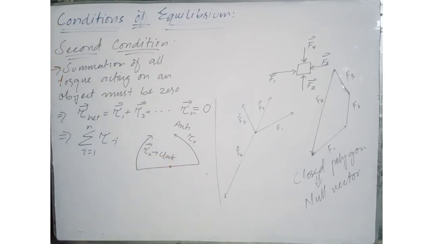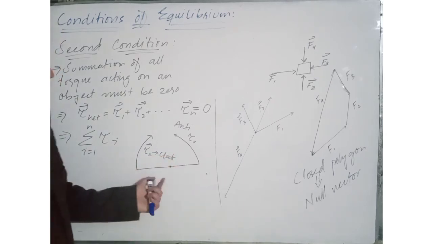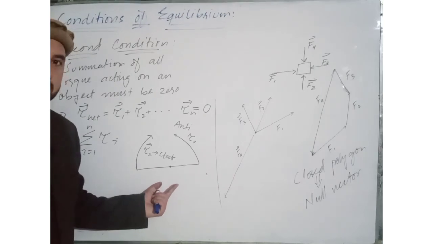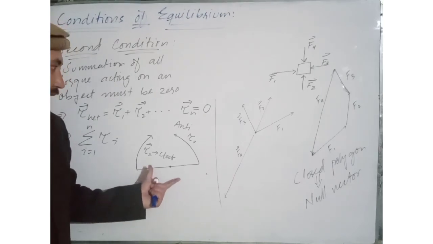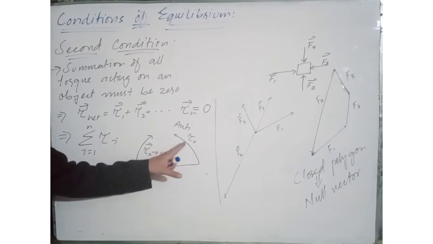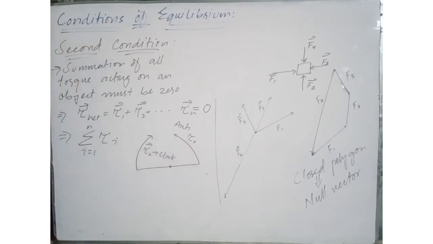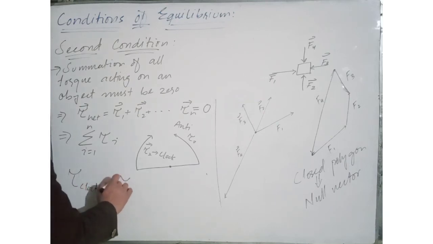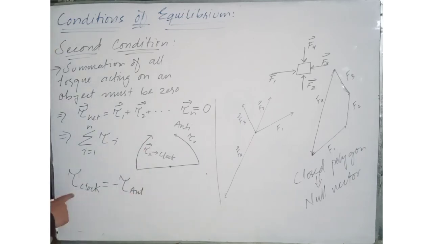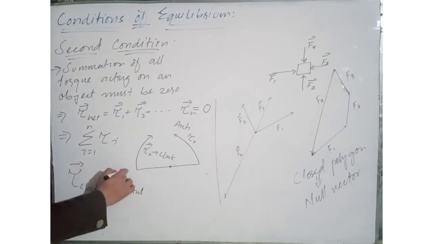Now, for complete rotational equilibrium, these two torques must balance one another. So we can say that their summation must give us zero. For that we can write that torque clockwise is equal to the negative of torque anti-clockwise, or torque anti-clockwise is equal to the negative of torque clockwise.